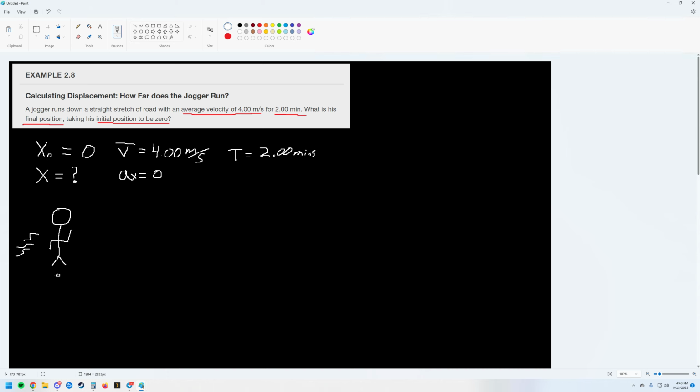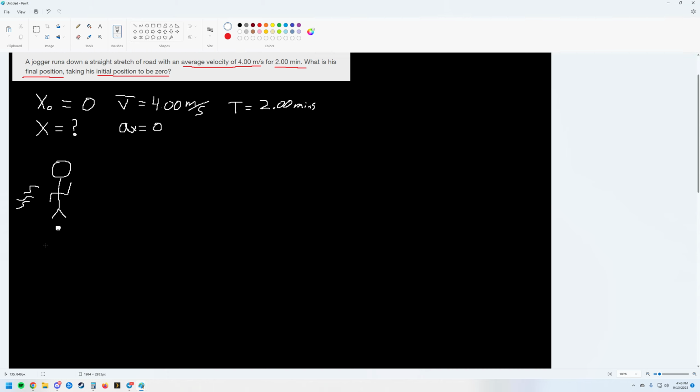He's running from a starting position of x0, which is 0, and he's going to end up at his final position x, which again, we don't know what that is. We're assuming his acceleration of x over this time is 0.